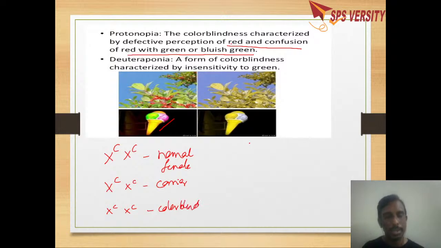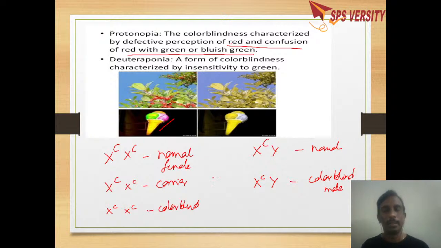When you come to males, X capital C Y is a normal male, and X small c Y is a color blind male. It is the same as in hemophilia, but in the place of H we write C, and the remaining is all the same. Here also the same formula applies: generally males are more affected than females.